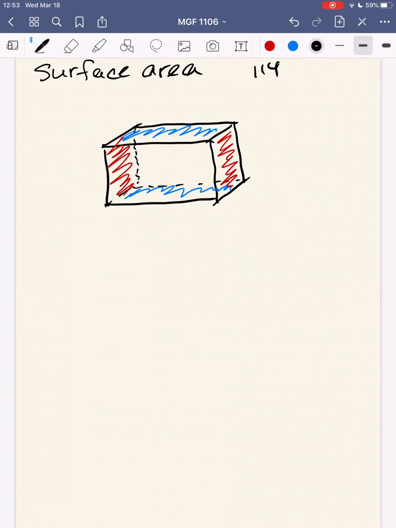And then there's also a front and a back. Okay, so you have sides and then a top and bottom, and you have a front and a back. So if it's a cube, it's not going to make any difference, but if it's a rectangle, it seems to be a little bit more challenging.